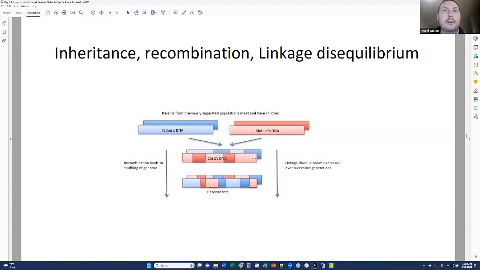In the first generation, you might have large chunks that you've inherited from, say, your maternal grandmother. But as you move through generations, those large chunks are going to get whittled down more and more as recombination breaks them down. So that's genetic inheritance in a nutshell.